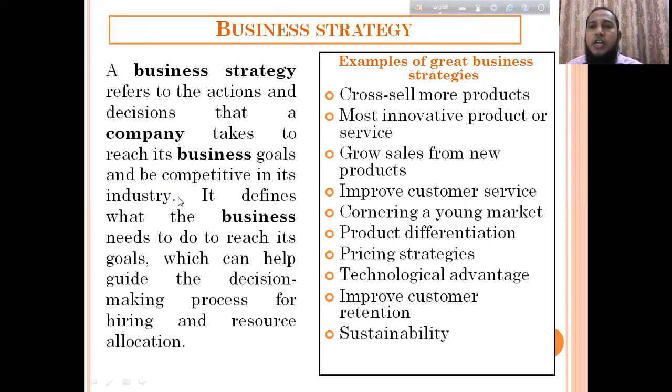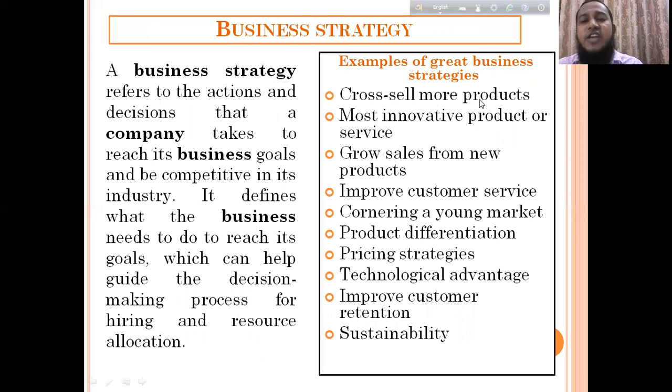From the definition, it is clear that a business strategy means those actions and decisions by which a business organization can reach its business goals and achieve competitive advantages over the competitors in the business industry. And examples of great business strategies: cross-sell more products.